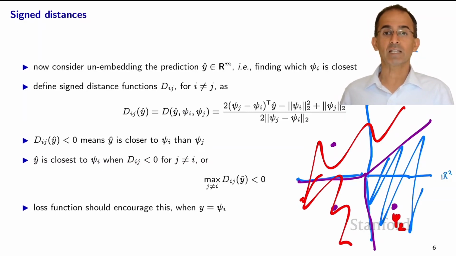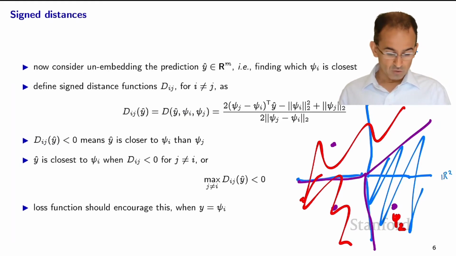And so we have 3 different loss functions, functions of y hat, one when y is psi1, one when y is psi2, and one when y is psi3, and each one is 0 on the region corresponding to its psi i. So how do we construct such a loss?